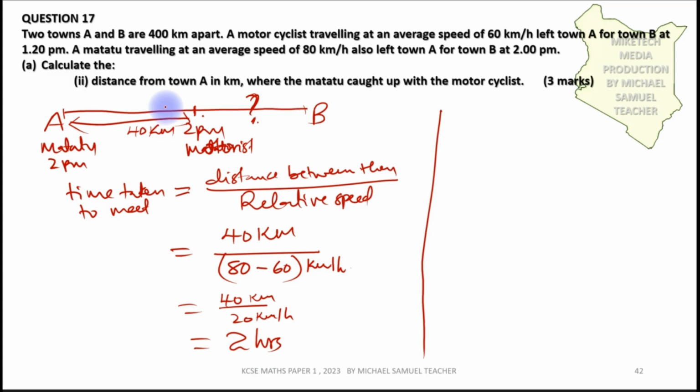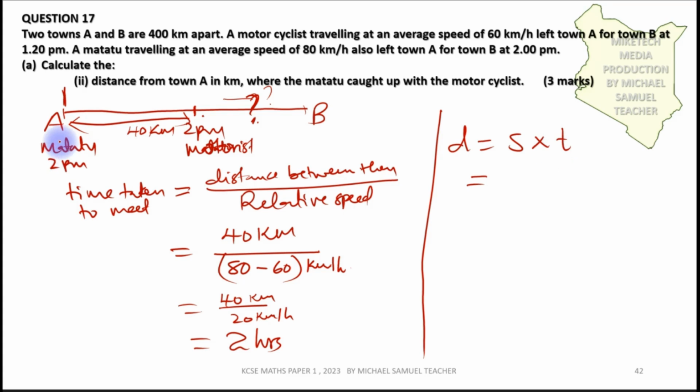And therefore the distance from town A in kilometers. Now we are considering the matatu that left from town A up to the point where they met. So the distance from A when they met will be speed times time, and in our case it's after 2 hours.